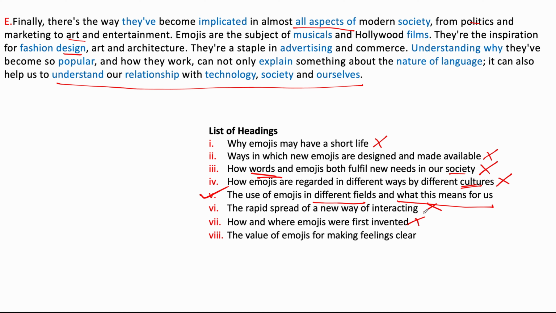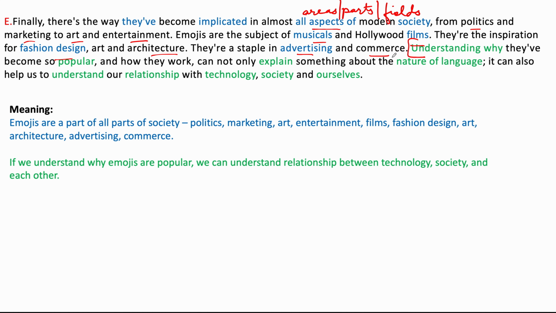The eighth heading is the value of emojis for making feelings clear. The section does talk about societal relationships and technology, but not about clarity of emotions. So, words like art, design, relationships can confuse you, but large parts of this section are just examples of the different fields.